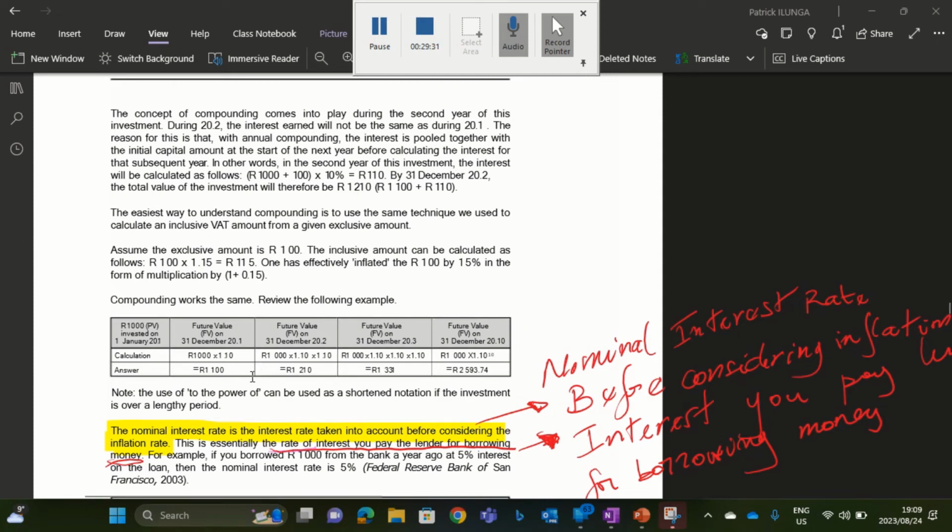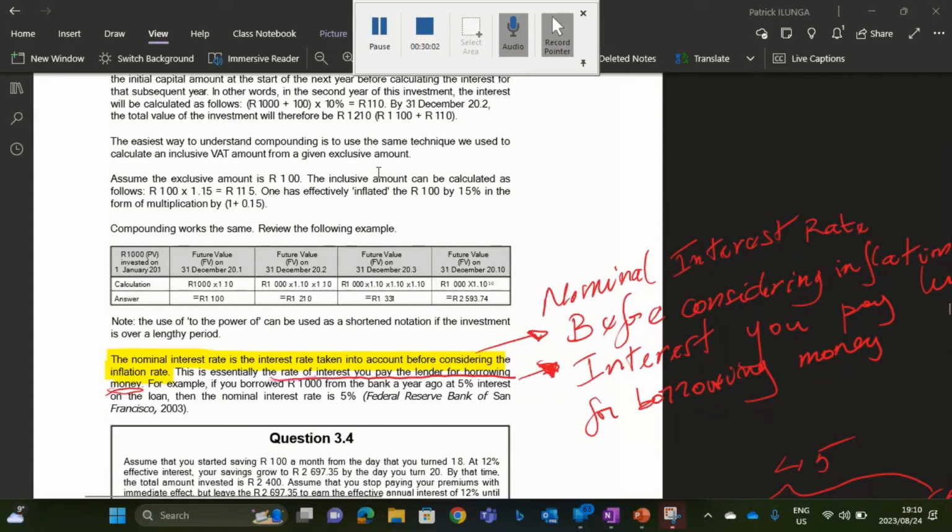We're going to multiply the 1,100 by 1.1, as you can see. And you can see that that gives you a greater number. That's the meaning of the compounding effect. So we are getting also the interest on the interest. To put it in simple terms, the compounding effect is the interest on the interest.